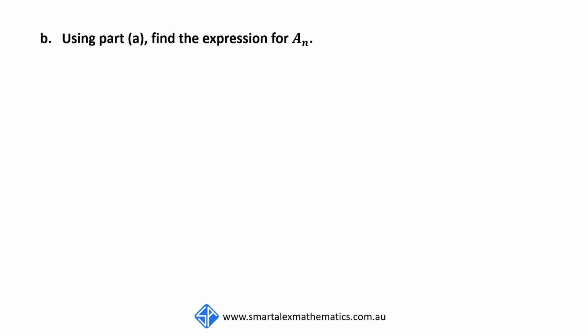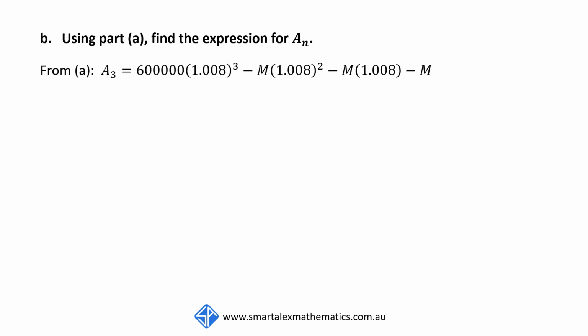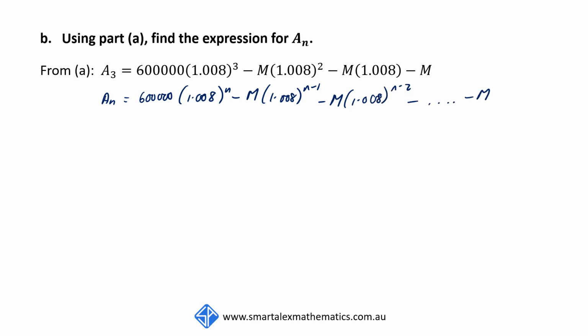For the second part of the question, we're now going to find the expression for AN. So using the result from part A where we got the expression for A3, and because this is a recursive relation, I'm going to replace the 3 with N so that we get the expression for AN as being equal to 600,000 times 1.008 to the N minus M times 1.008 to the N minus 1 minus M times 1.008 to the N minus 2, all the way to the last term, which is minus M. Next, I'm just going to factorize out the M. So we have minus M out the front, and inside the bracket 1.008 to the N minus 1 plus 1.008 to the N minus 2 plus all the way to the last term, which is just 1.